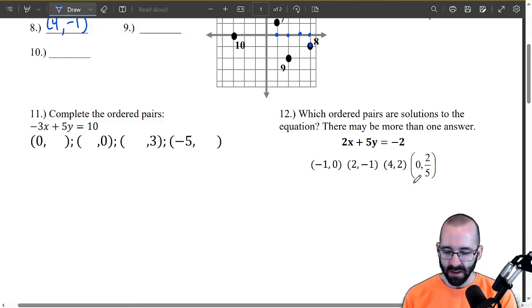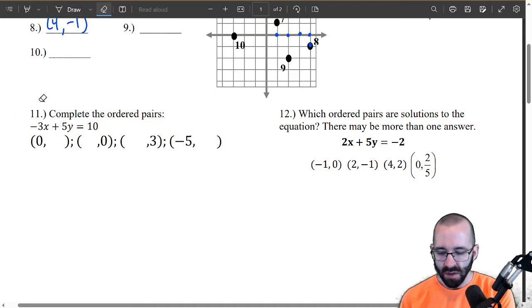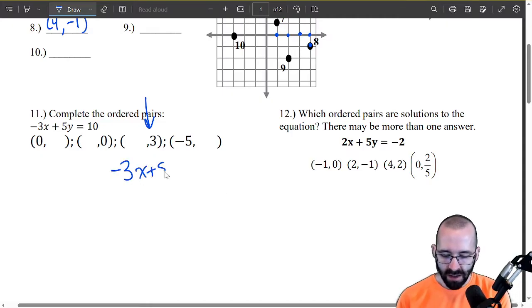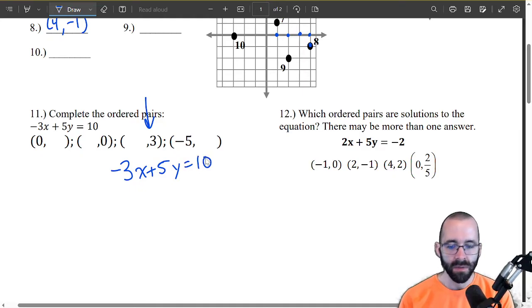Complete the ordered pairs. A line is just all the points that satisfy this equation, all the points that make this equation true. So if we know, for example, that the y coordinate is 3, we need to find out what the x coordinate is. We know that -3x + 5y = 10. For any point on the line, this is true.